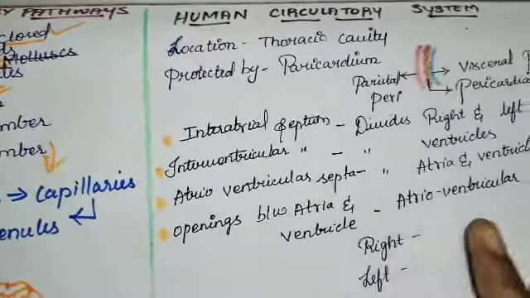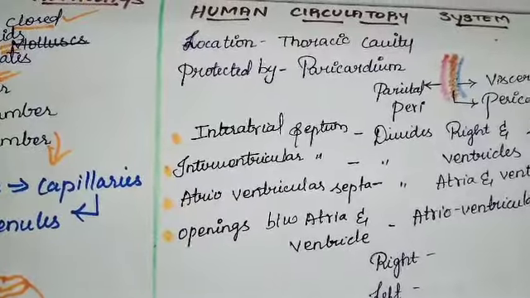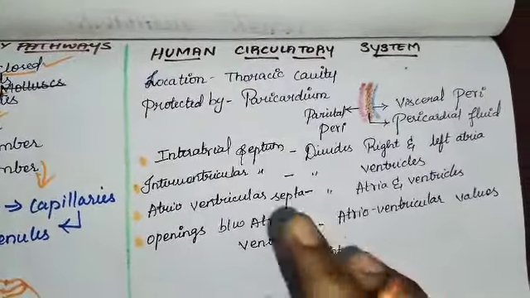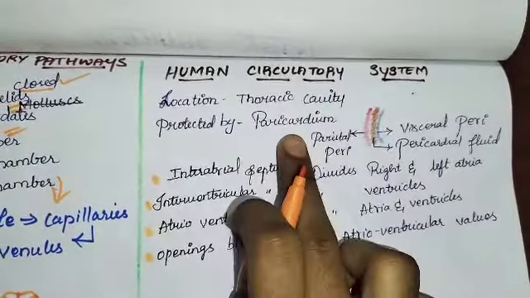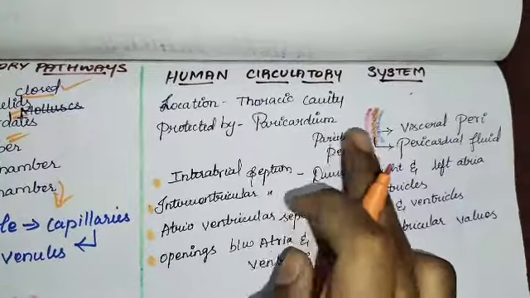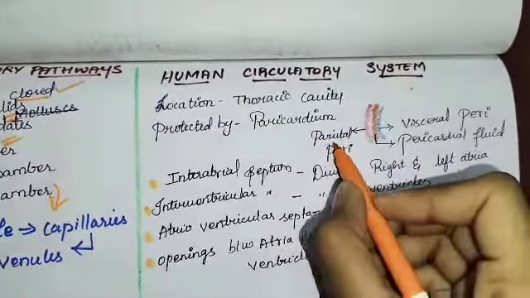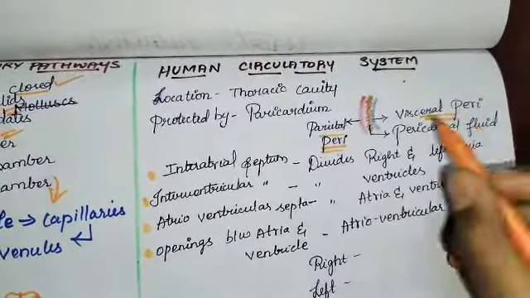Then we will move to the human circulatory system. The major organ is the heart. The heart is located in the thoracic cavity and it is protected by the pericardium. This pericardium has layers: the outer parietal pericardium and the inner visceral pericardium.